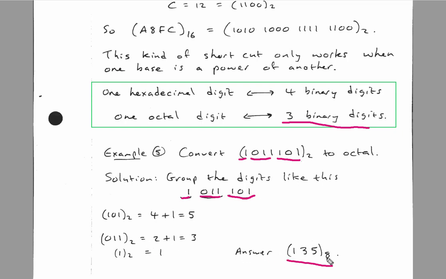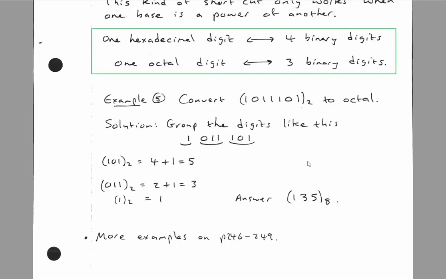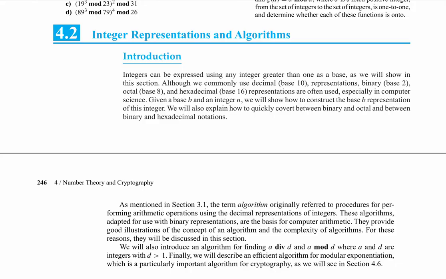We're in base 8, we just need the digits 0 through 7, so we don't need any A's or B's. Alright, so we can look at some more examples in the book, but that's all we're looking at in this section.